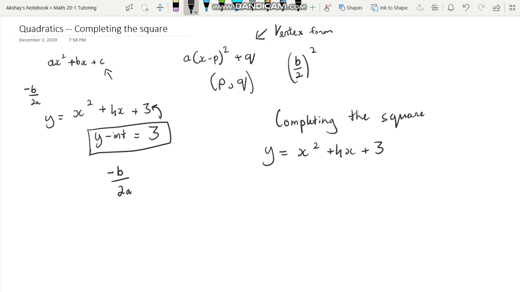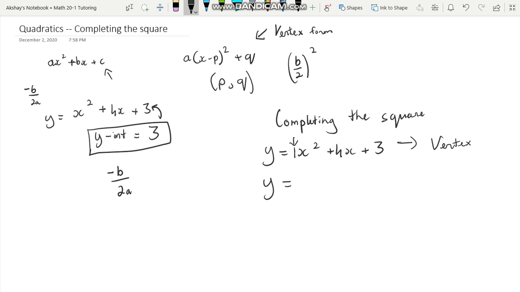And if I wanted to find the vertex of this using the completing the square method, or convert this into my vertex form, I would follow a few steps. My first step is I have to make sure my coefficient of my x squared is always 1. And in this case, it is.